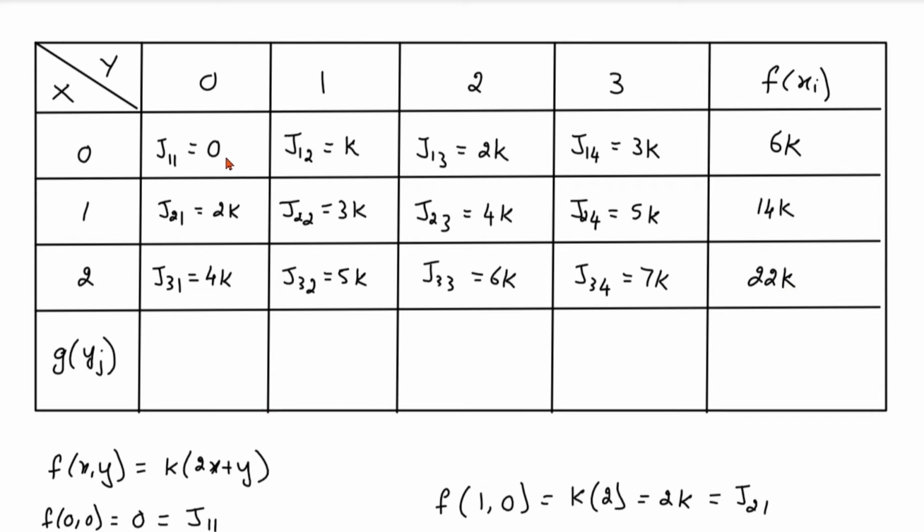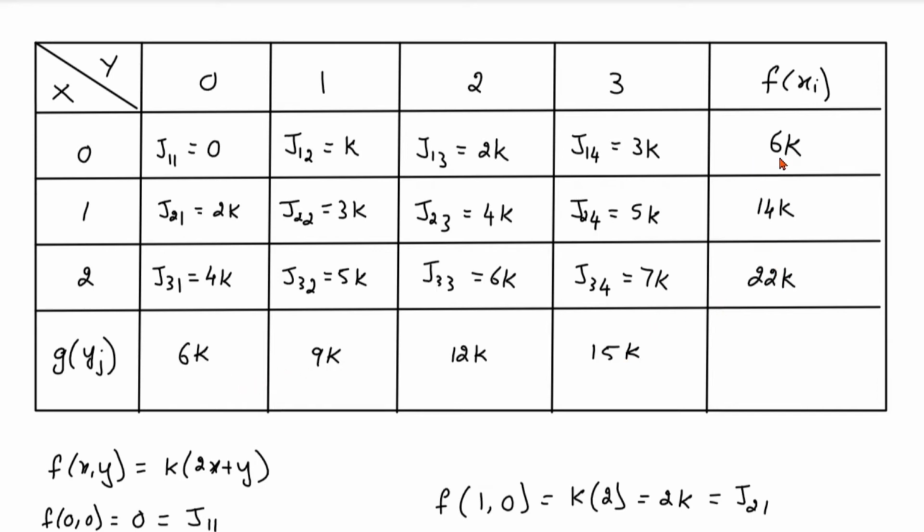Similarly, column wise, if we sum up, it's 0 plus 2K plus 4K, which will be 6 times K. The sum of the second column will be 9 times K, the next column sum will be 12 times K, and the next column sum will be 15 times K. Just try to add these column values as well as the row values.